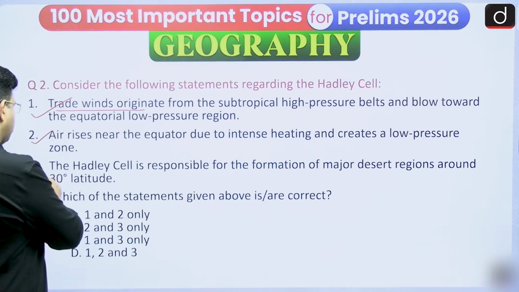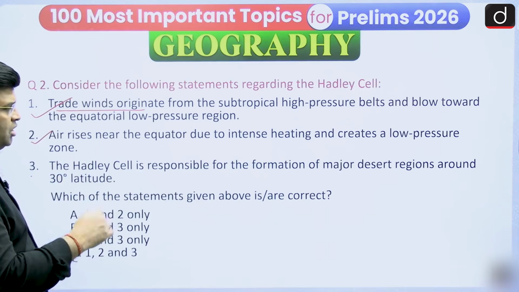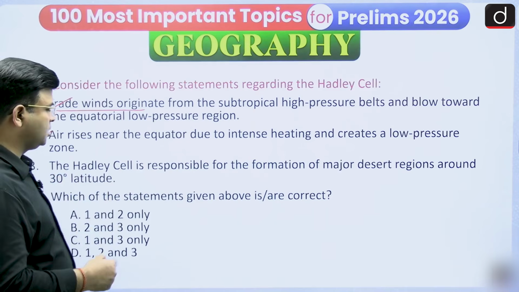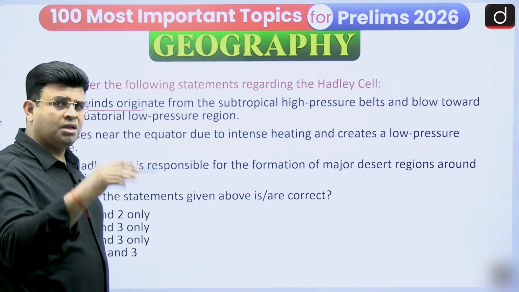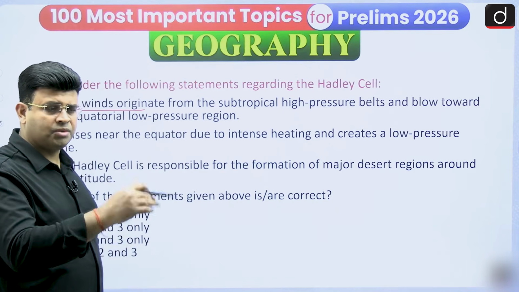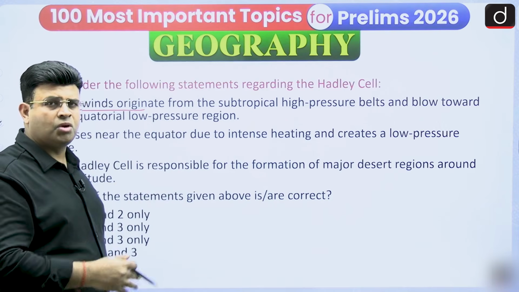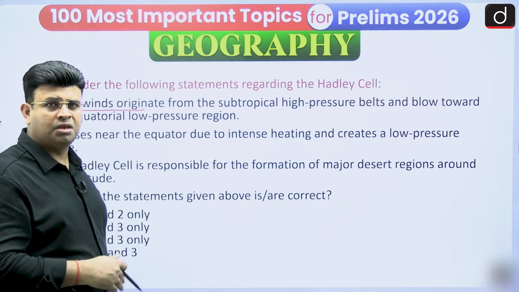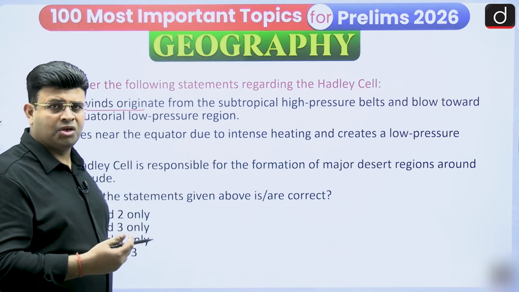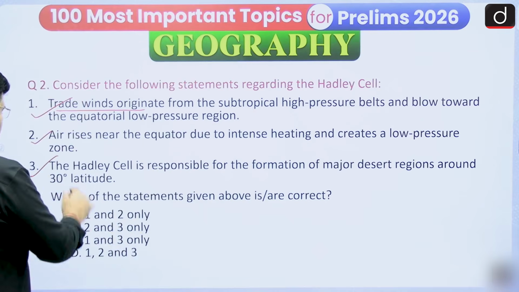Then the third statement: the Hadley cell is responsible for the formation of major desert regions around 30-degree latitude. Yes, in the Hadley cell, at 30-degree latitude the air descends, and because of that the water vapor is blocked from going upward, rainfall is very low, and the region converts into desert. So all three statements are correct.